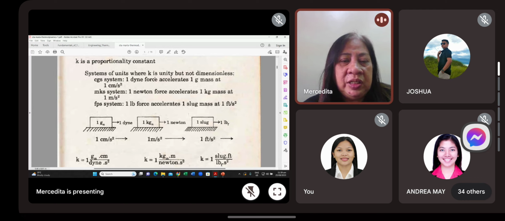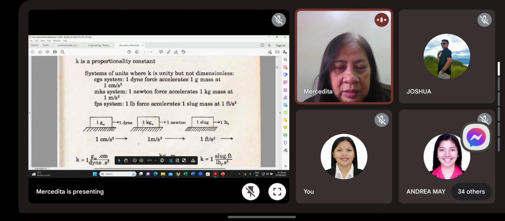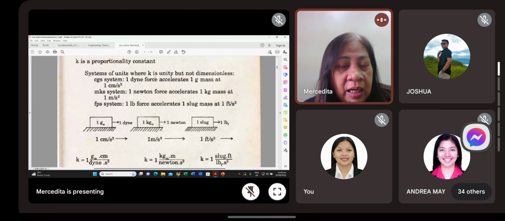So, for CGS system, ito siya. Okay? Yung first block is for CGS, itong second block is for MKS. So 1 kilogram mass that accelerates at 1 meter per second square, the force needed to accelerate this 1 kilogram mass at 1 meter per second square is equivalent to 1 Newton.